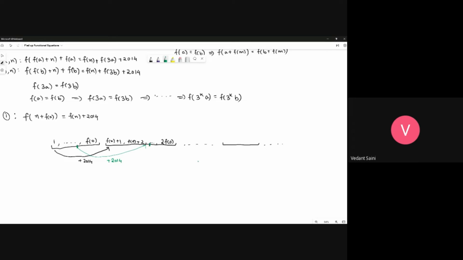This is because they differ by f of 0, and their f's differ by 2014. But f of the ith term in the first group plus 2014 will give the ith term in the second group.